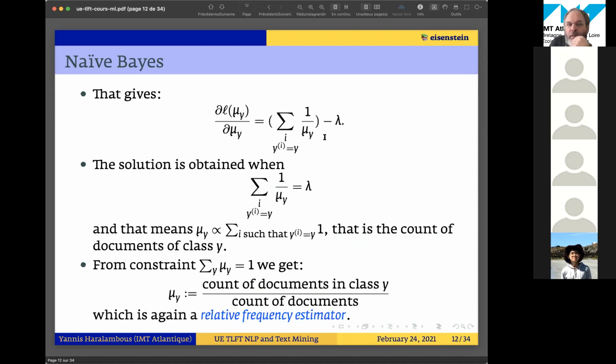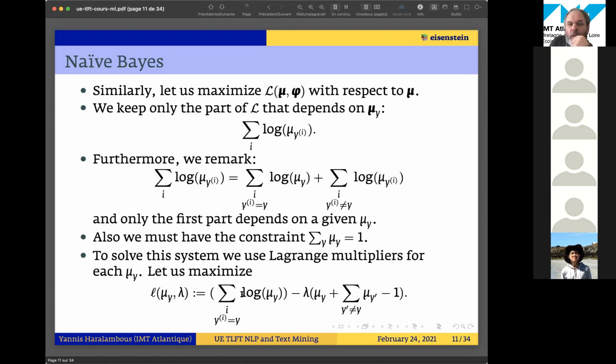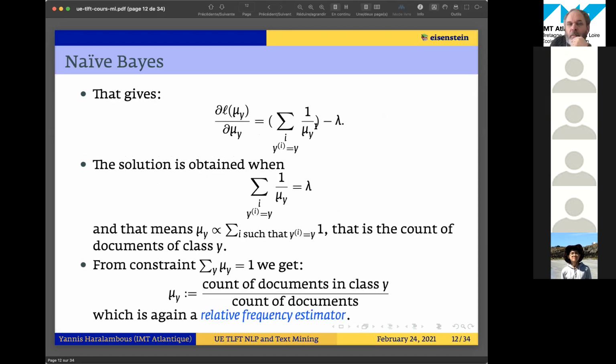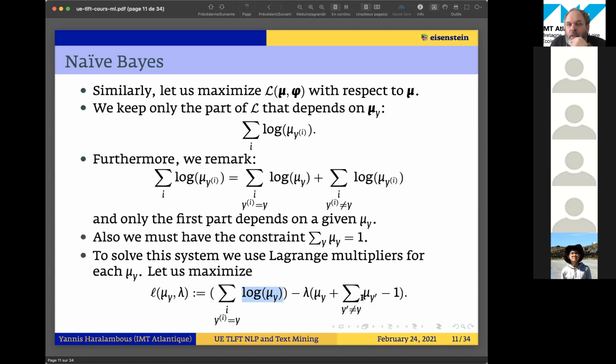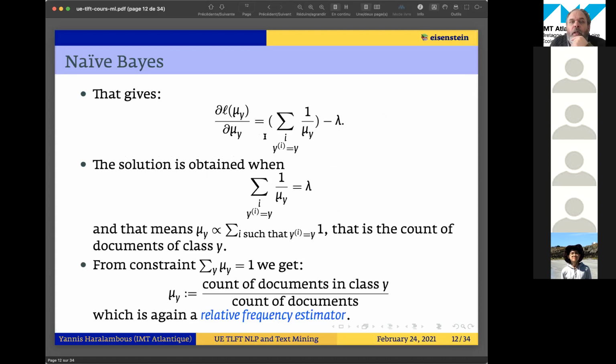Again, I can derive this. The derivative will be 1 divided by mu, since it's a log, minus lambda, since here I have lambda mu y, which means that the solution, the extremum, is obtained when I have this equal to 0.